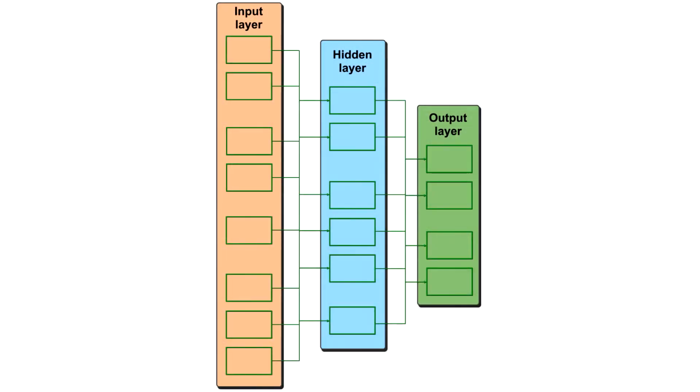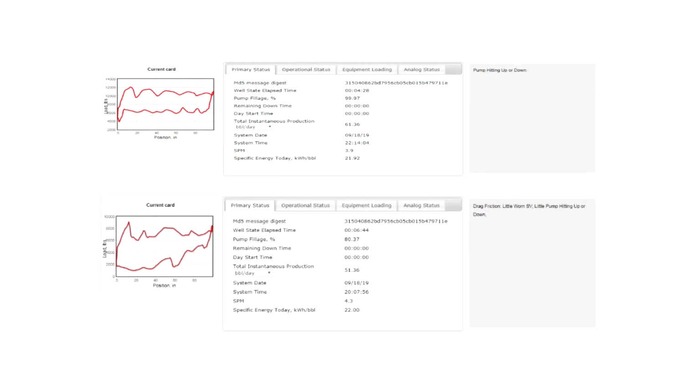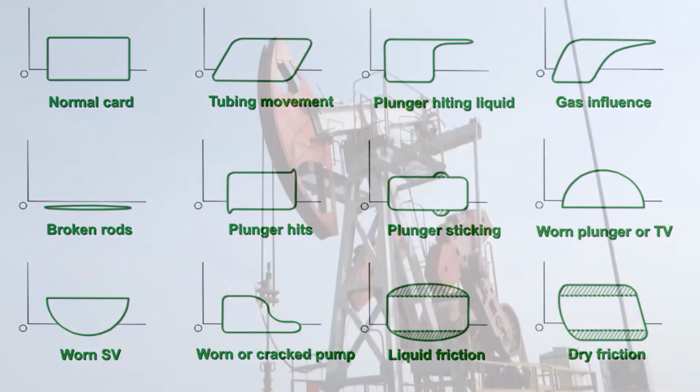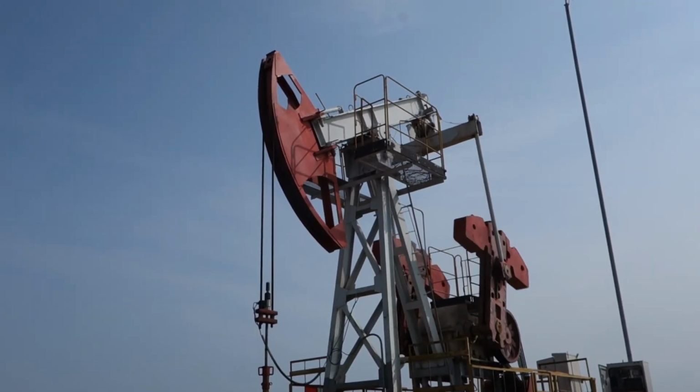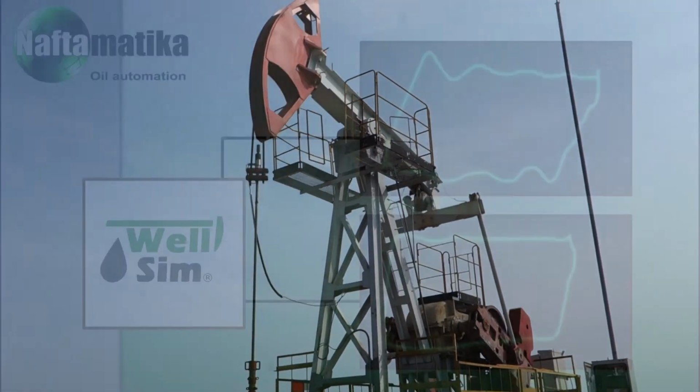The main thing is that a properly structured neural network, trained by an experienced technologist on several tens of thousands of dynagraph cards from real wells, is exactly what is needed for this task. Pattern recognition of malfunctions by the shape of the dynagraph makes it possible to determine emergency and undesirable well conditions with high accuracy, even if malfunctions occur simultaneously and overlap each other on the dynagraph card.